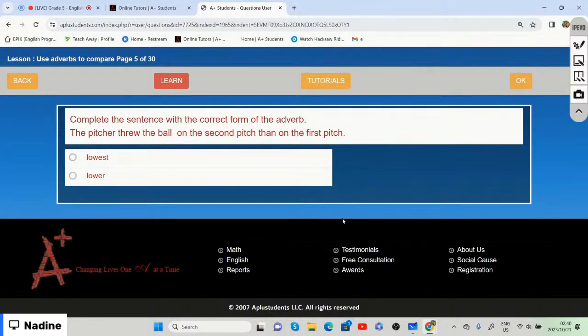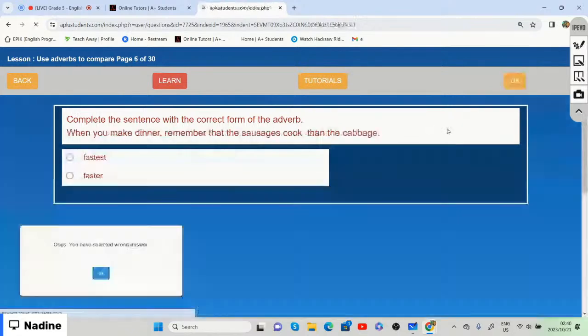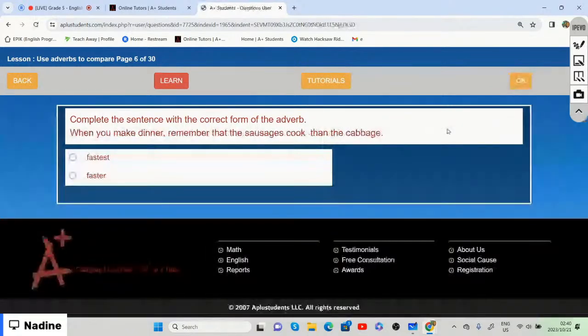So the pitcher threw the ball lower, because it's a comparative adverb, on the second pitch than the first pitch. Lower. All right, so well done. Lower is correct.